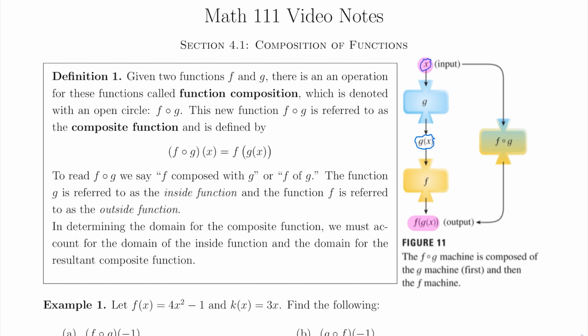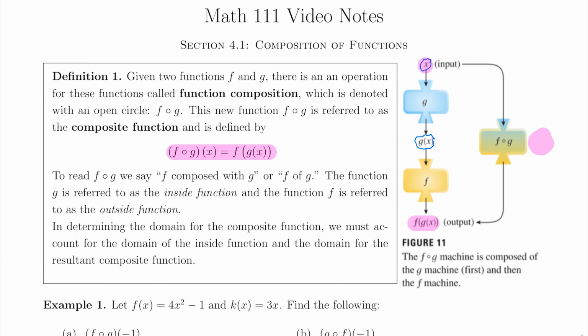And that third function we call our composed function, composed of f and g, and it is defined here on the left as f composed with g acting on x is defined as f of g of x.